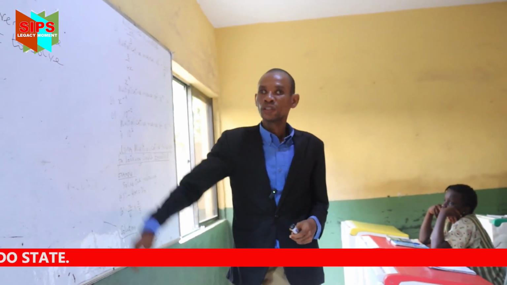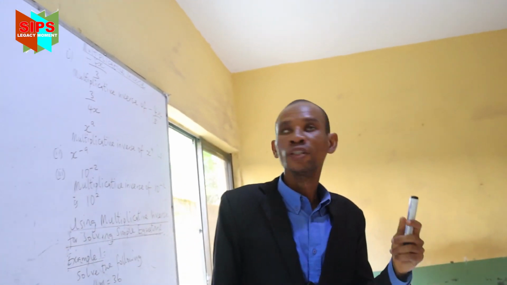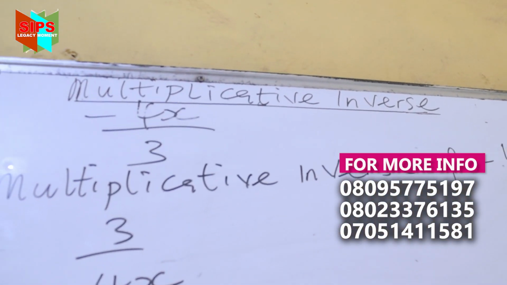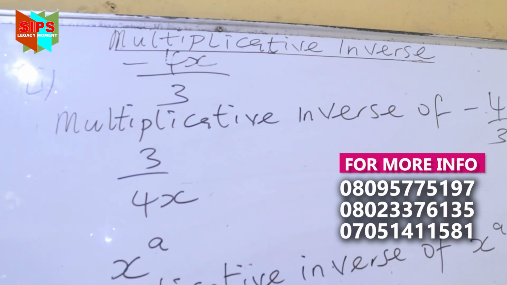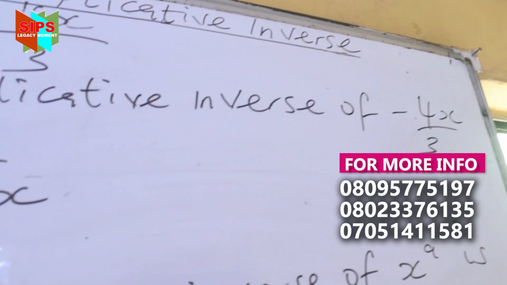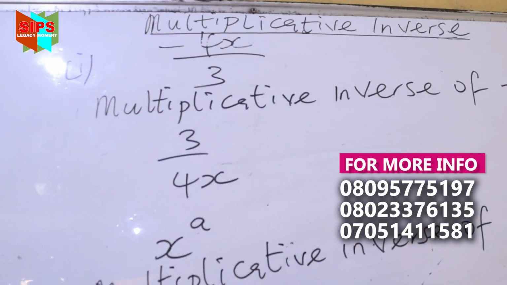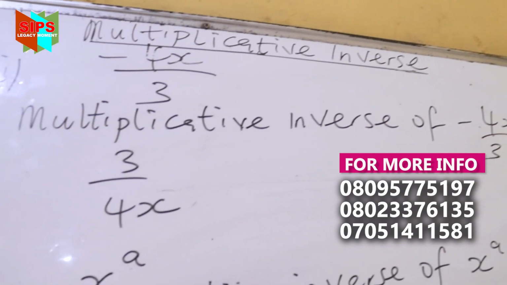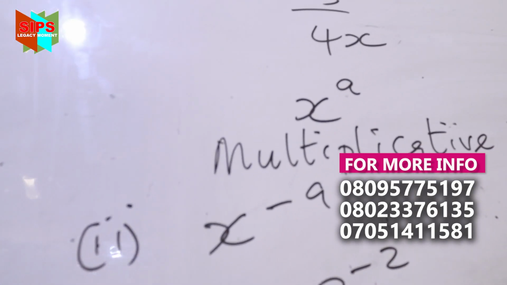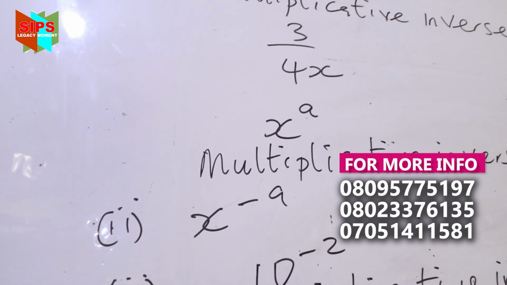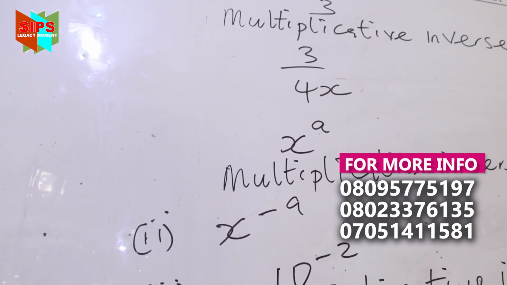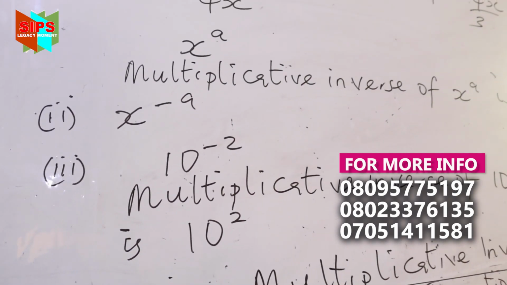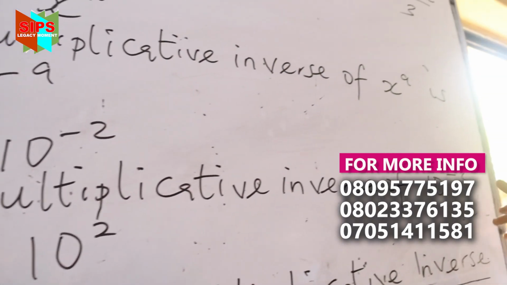And so the multiplicative inverse of 4x over 3 is written as 3 all over 4x. The multiplicative inverse of x raised to power a is written as x to the power minus a. The multiplicative inverse of 10 raised to power minus 2 is written as 10 raised to the power 2. Do you know why?